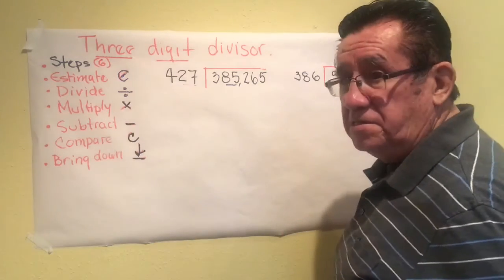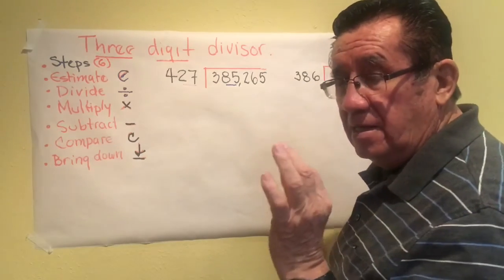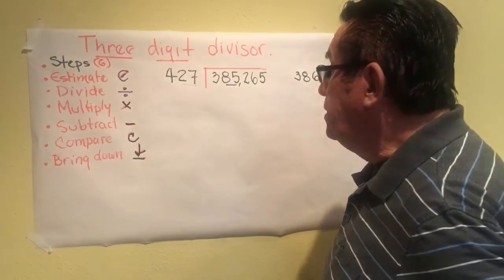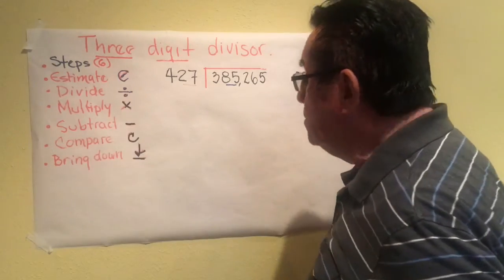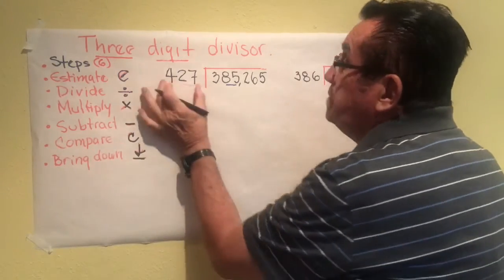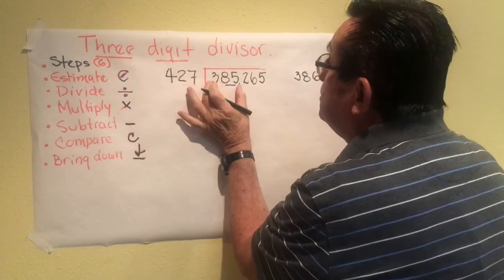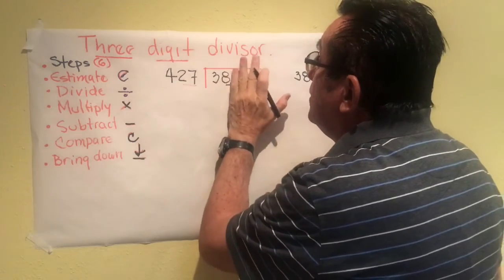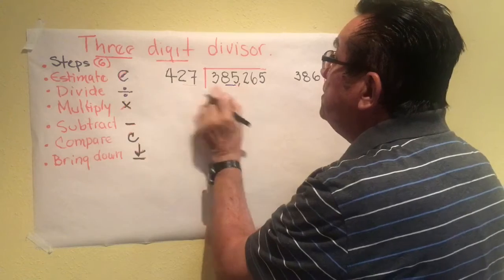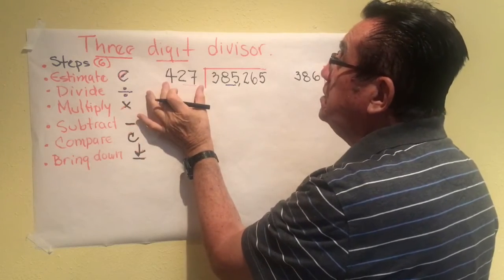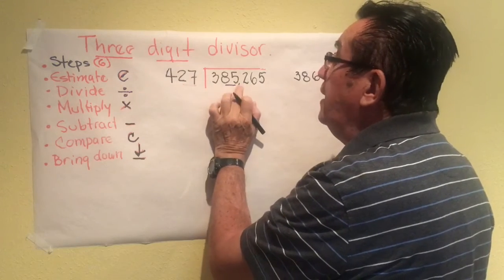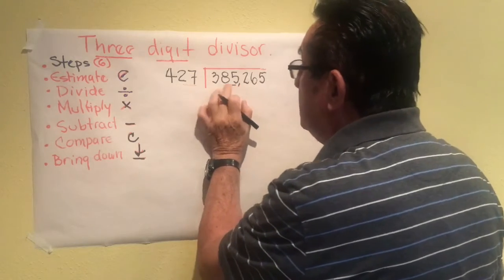I will teach you a very smart trick. Estimate. What I do is, see, I have 3 digits. Well, let's see. 385 is smaller than 427, so I cannot divide this number because this is small.